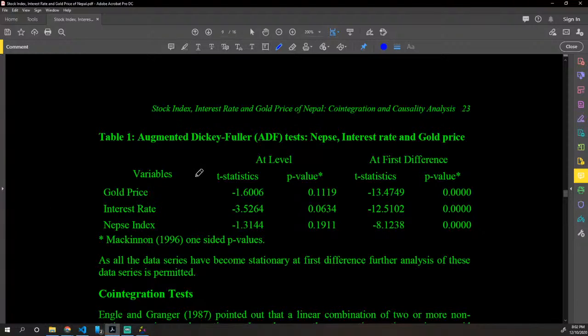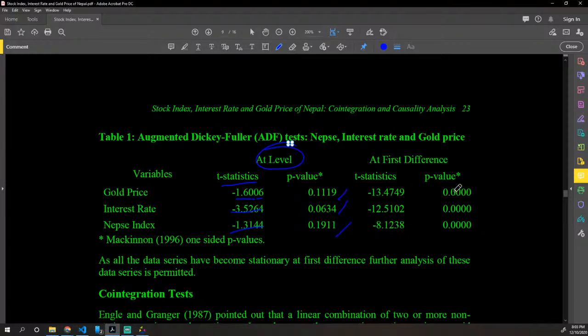At level, the Augmented Dickey-Fuller test statistic is this for gold, interest rate is this, NEPSE is this. P-values are 0.11, 0.06, 0.19.